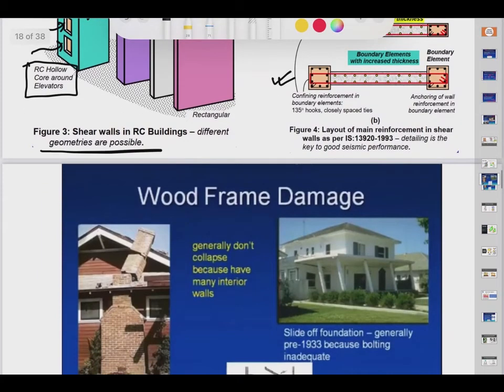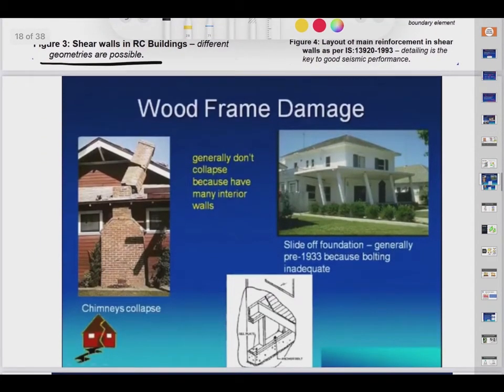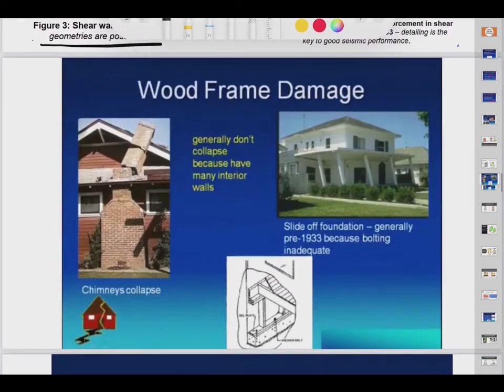So now we come to the wooden material after discussing concrete. Wooden material is generally not very prevalent in the Indian scenario. It is generally prominent in the US as well as European countries. Generally they do not collapse because they have many interior walls.